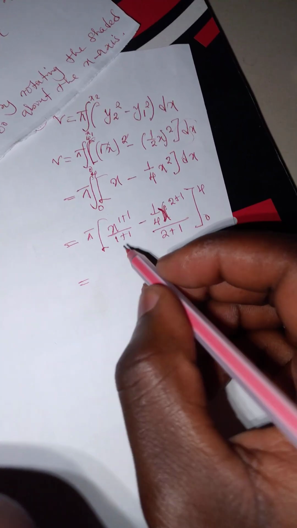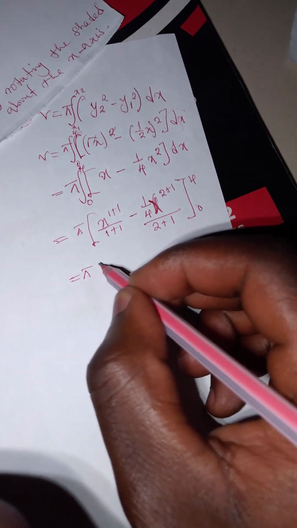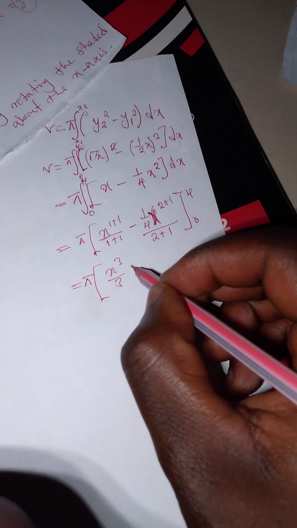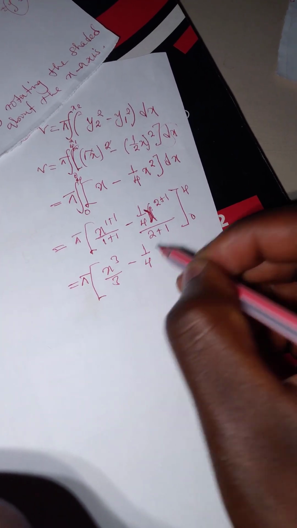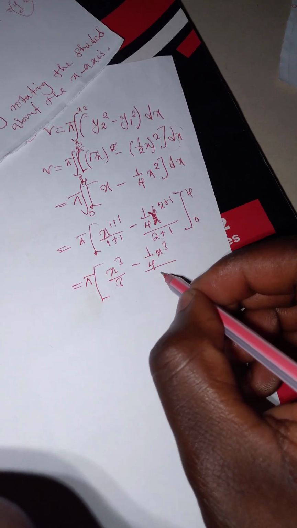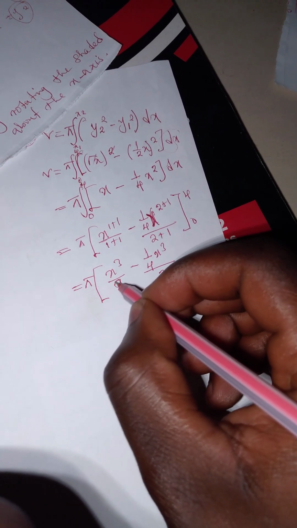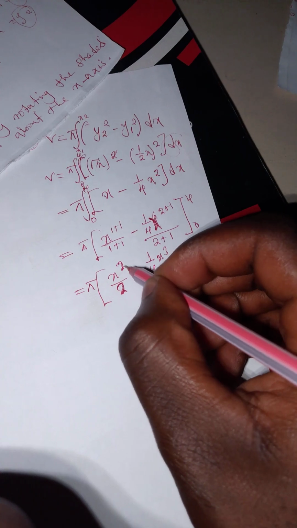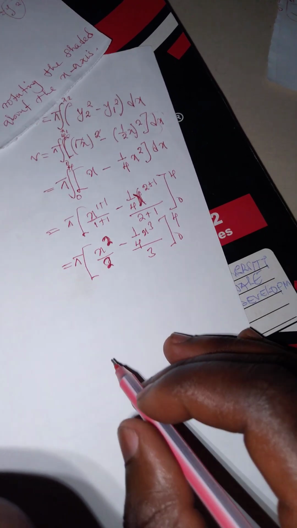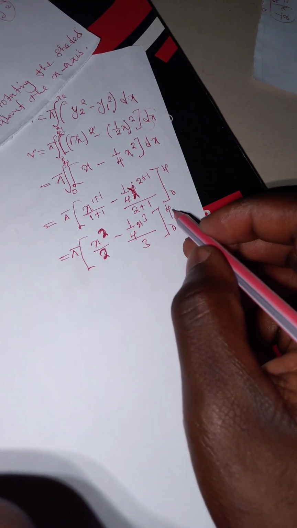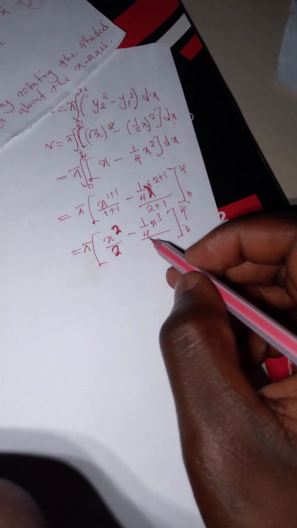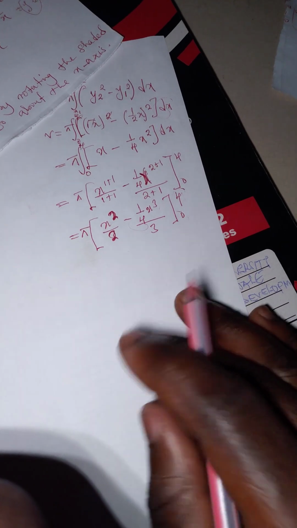So this is simply pi, don't forget, x squared over 2 minus 1 over 4 times x cubed over 3. Oh, this is 2, 1 plus 1 is 2. Then this is 0, then that is 4. Then here you have to substitute. You substitute the upper limit, then you subtract the lower limit.